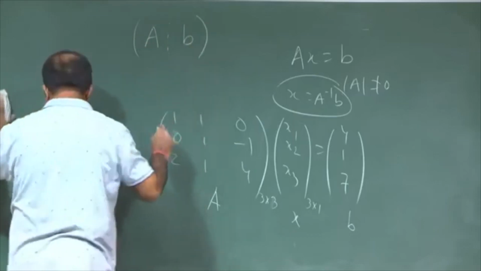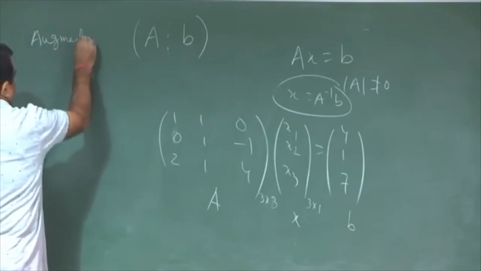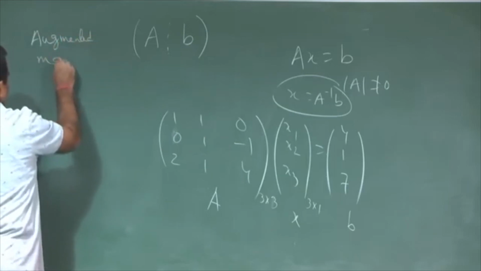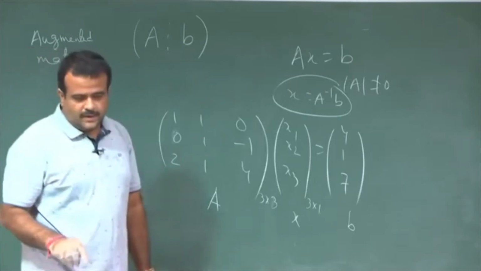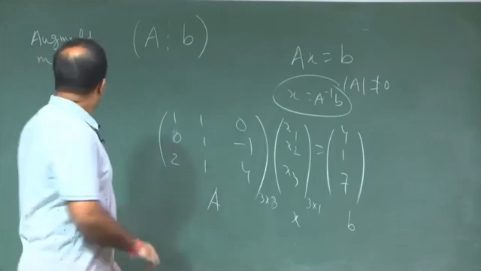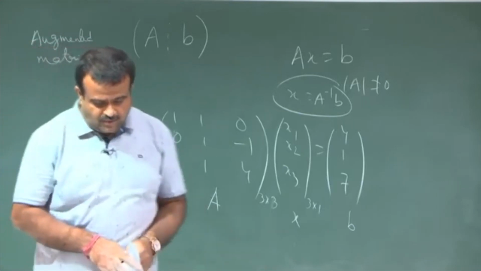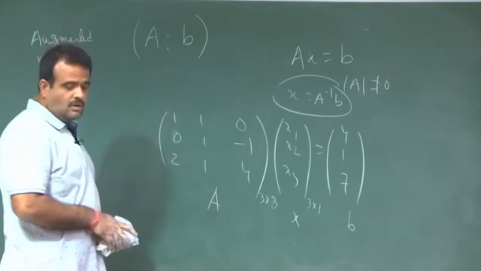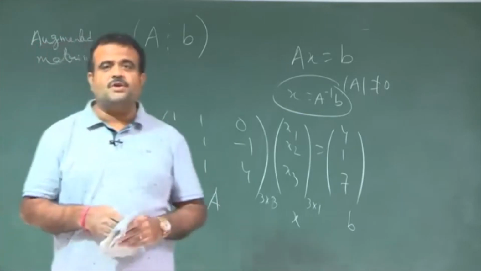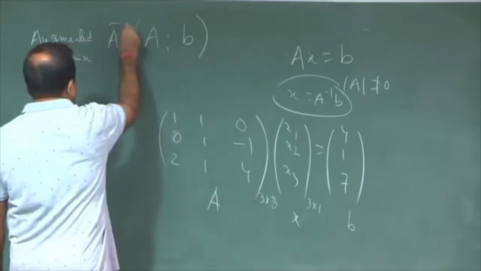This is called the augmented matrix. Now the question is how we can use this augmented matrix. Suppose we denote this matrix by A bar.